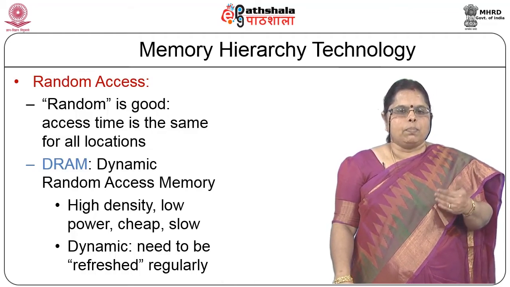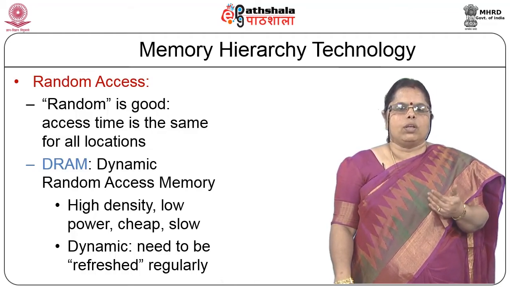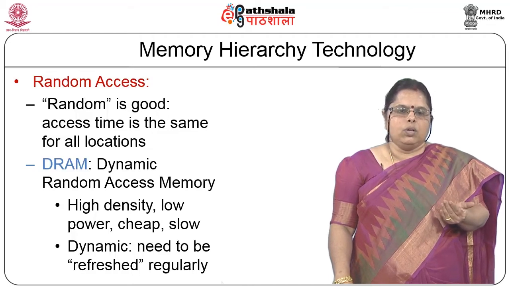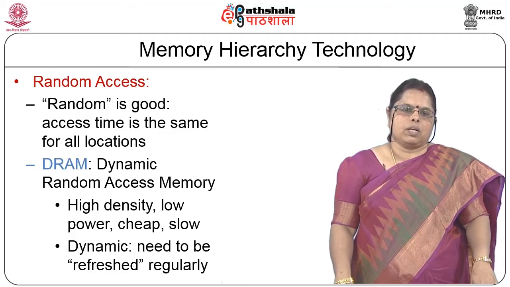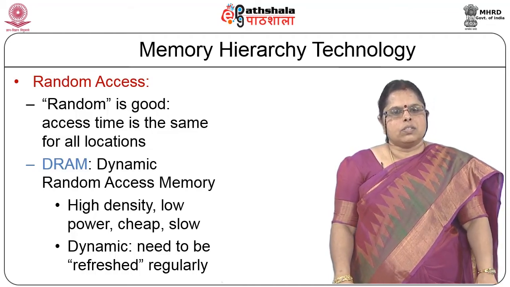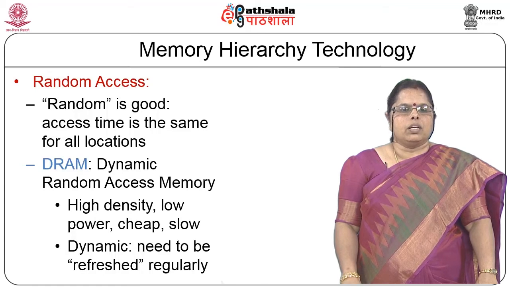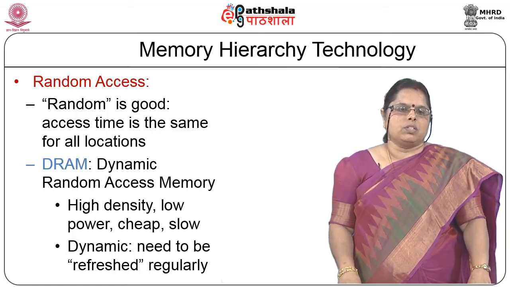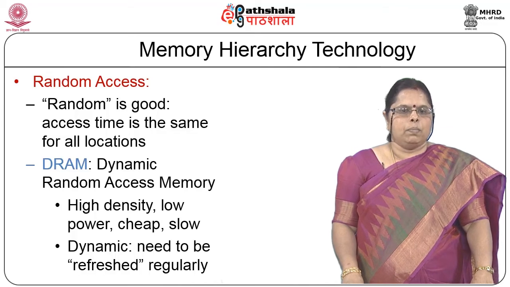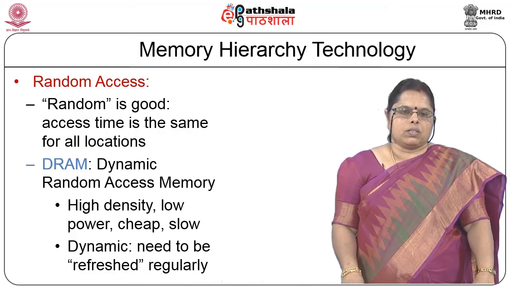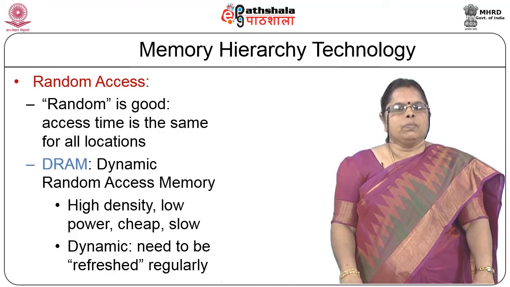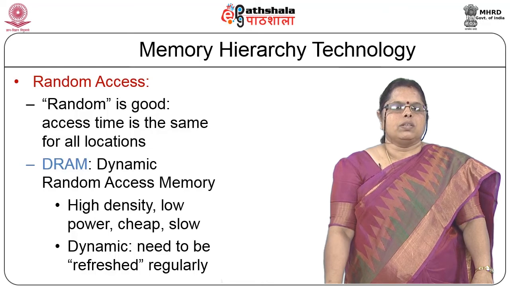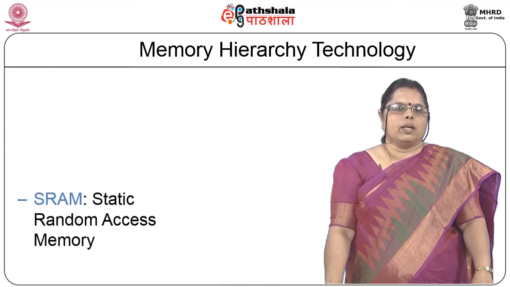So, you will have to keep writing into it again and again. That is why it is called dynamic random access memory. The characteristics of dynamic random access memory are that its densities are very high, the power consumption is very low, it is relatively cheap compared to static random access memories, but it is also slow. These are some of the characteristics of your DRAM.